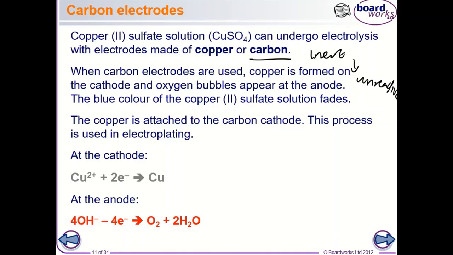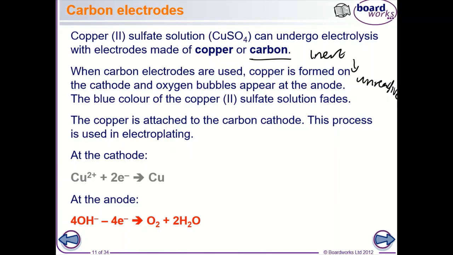But if copper is used as electrode in an electrolyte that is copper sulfate, there is a kind of home advantage that copper is going to gain there, and that's a very good trick that is used in the electrolysis of copper.